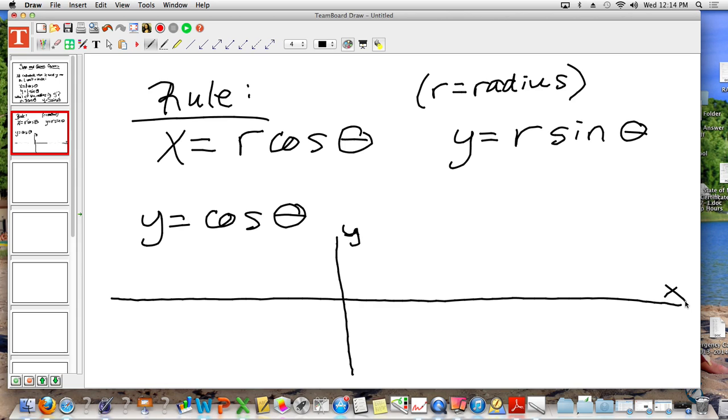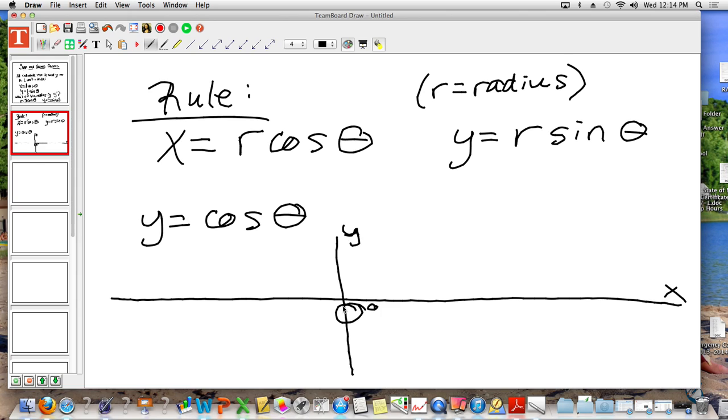And what did we do yesterday? What went right smack in the middle? 0 degrees. Yeah, that was the point, like 0, 0. What happens at 0 degrees? What is the cosine value? You might want to get out your blue unit circles. What is the cosine value at 0 degrees?